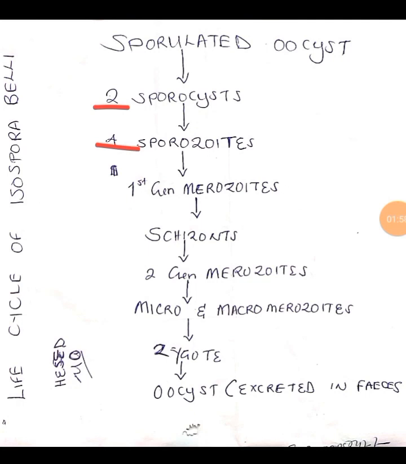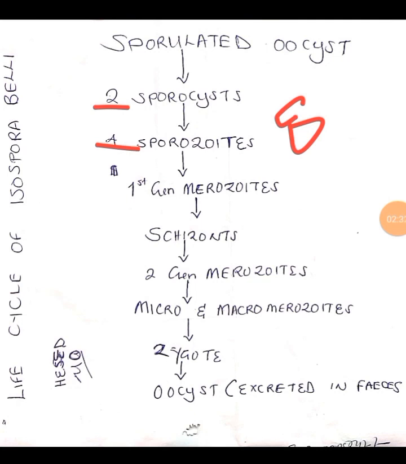What I mean is that each sporocyst has 4 sporozoites, so when one sporocyst is released, it is capable of forming 4 sporozoites. If 2 sporocysts are released, it means that the total number of sporozoites will be 8. That is the total number of sporozoites that will be released.